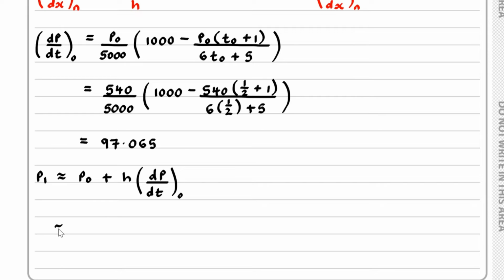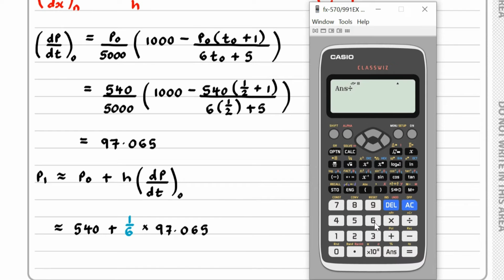So we have P0, which is 540, plus h, which we know is 1/6, multiplied by dP/dt_0, which is 97.065.